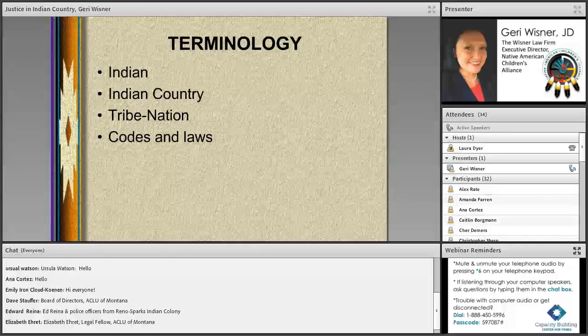So if I happen to say tribe or nation or even community, I want to throw in community just in recognition of the Urban Relocation Act, where during the 1960s and 1970s, there were several tribal members who were removed from their tribal lands or reservations and placed in urban areas: New York City, Chicago, Los Angeles. So I want to put that in there.